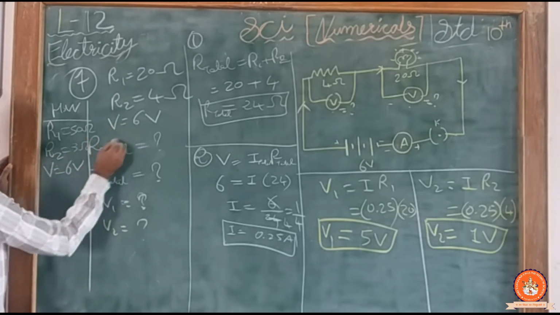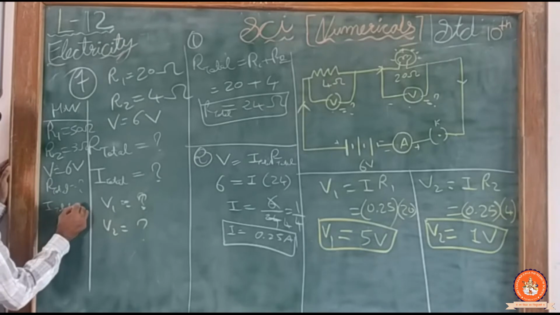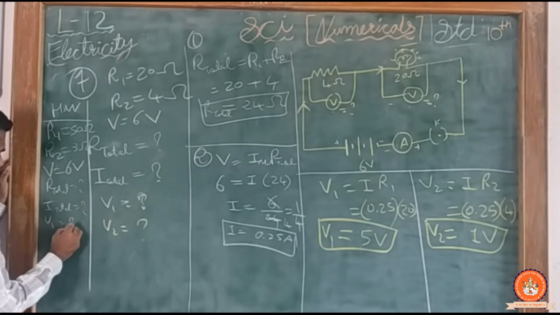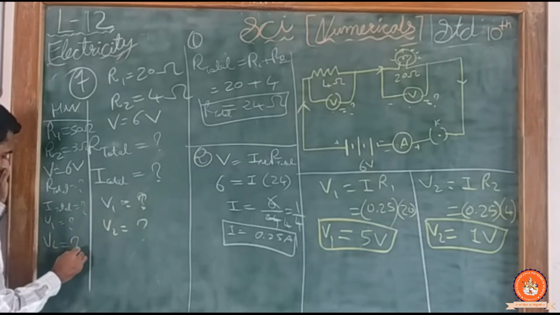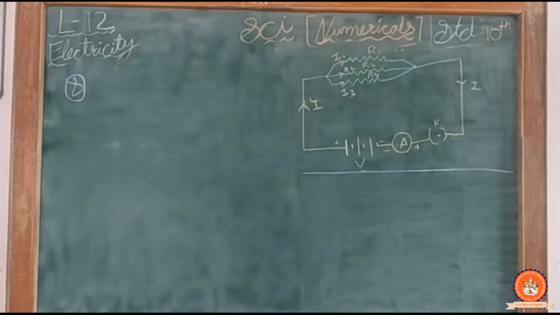You have to find R total, then I total, then V1 and V2. You have to do this in your homework only. Do this in your book.